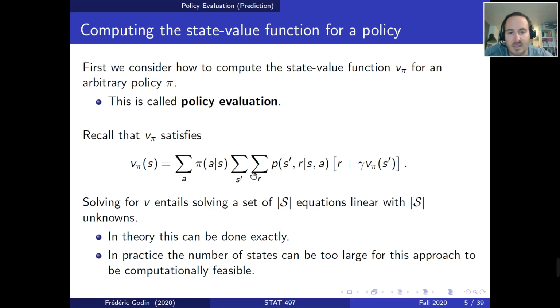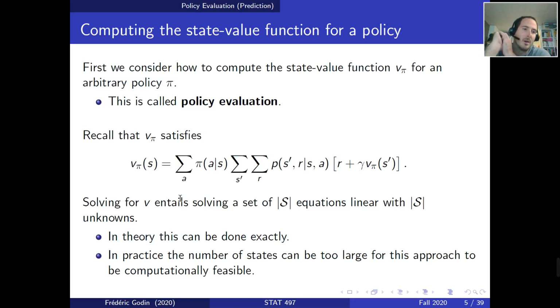If we know this and this, calculating v pi becomes simply solving a system of linear equations. How many equations are there? This is the cardinality of S. S is the set of all states, and the cardinality of S is just the number of states. So the number of equations to be solved is the cardinality of S, one equation per state.